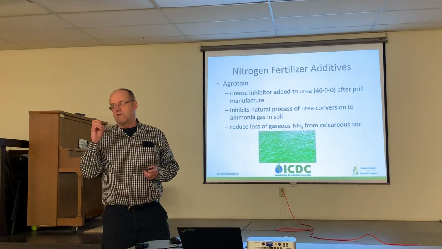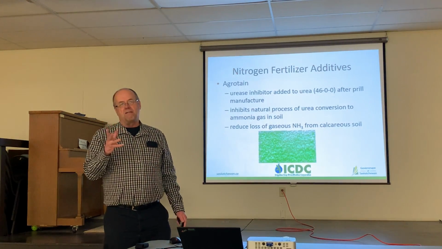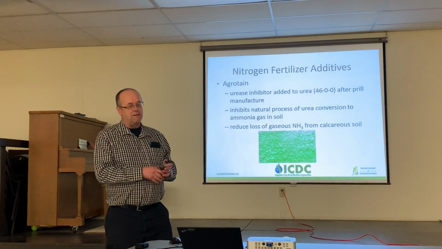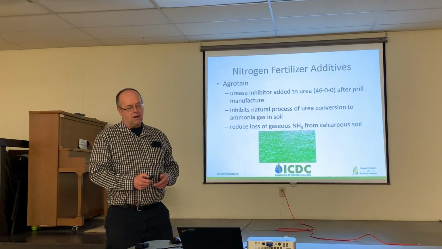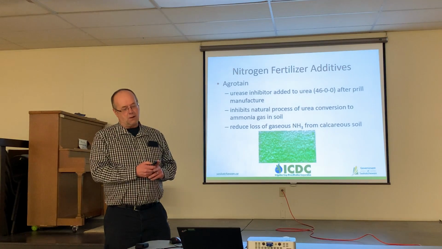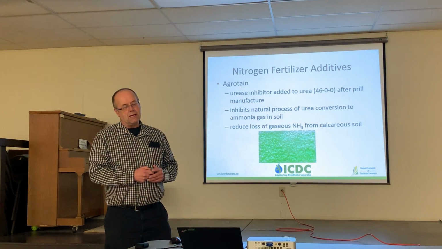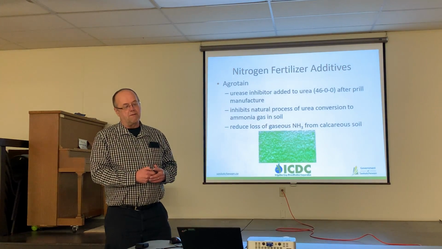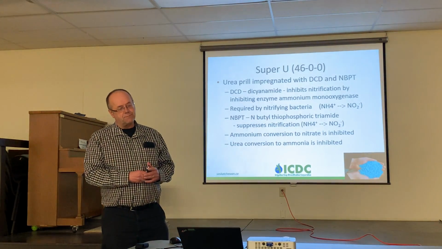Calcareous soils have a fairly high pH, and in that environment, the ammonia is more vulnerable to gassing off. And so that's why on our soils here at Outlook, which tend to be calcareous for the most part, we have risk of gaseous losses of ammonia from broadcast urea.